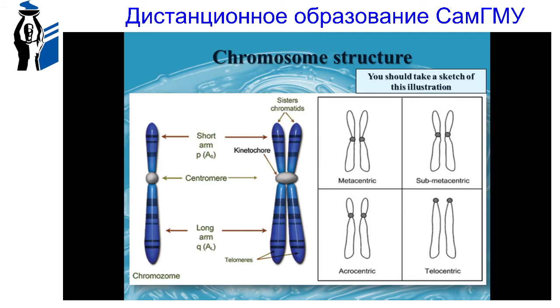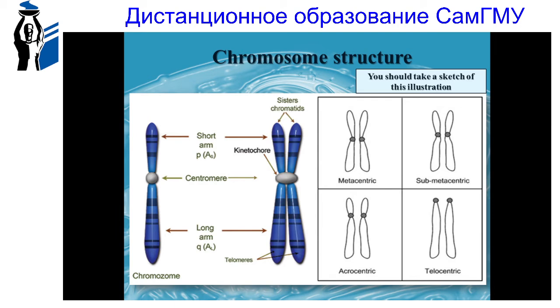The centromere divides the chromosomes into two parts called the arms. In most species, the short arm of the chromosome is denoted by the letter P, and the long arm by the letter Q. Chromosome length and centromere position are the main morphological features of metaphase chromosomes.